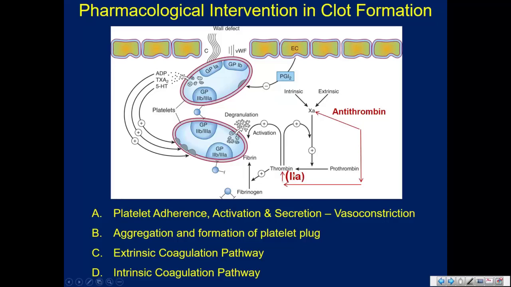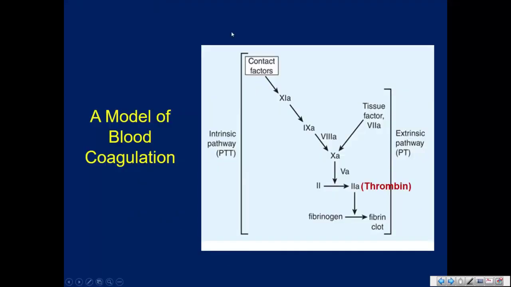So ultimately, when thrombin is activated, or factor 2A, it converts fibrinogen into fibrin. And fibrin is the insoluble fiber that forms the clot, stabilizing and strengthening the plug. And this I really meant to delete, but it's just to remind you that there are a variety of serine proteases that precede factor 10A.